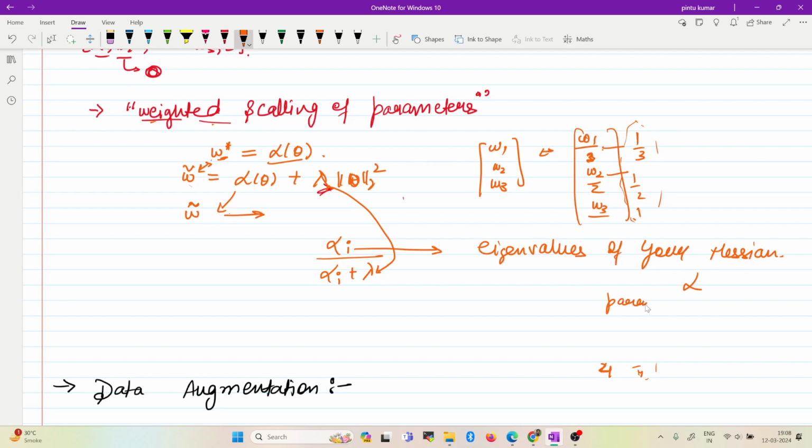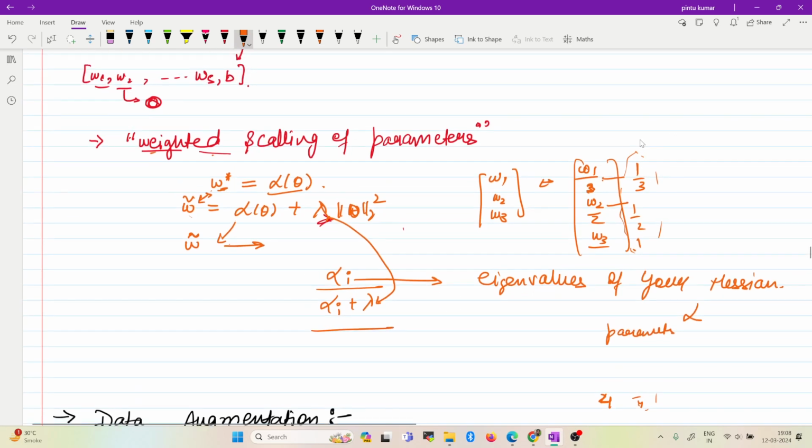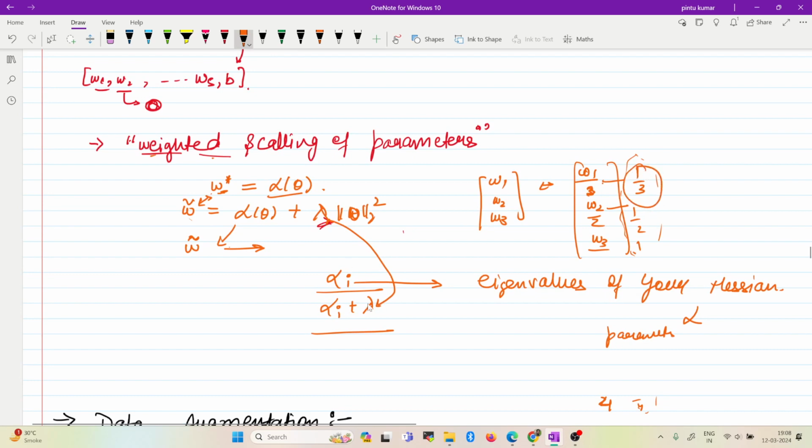So these weights that you would obtain, by which factor it would get multiplied is this. Let's say you have n eigenvalues, then your weights would depend on those n different eigenvalues.